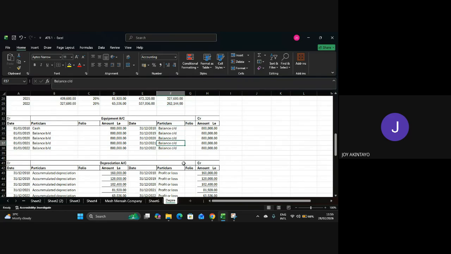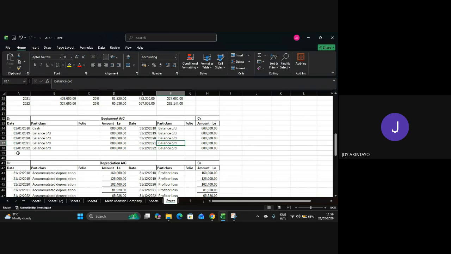Three accounts are needed: number one, equipment account; number two, accumulated depreciation account; then the equipment disposal account.